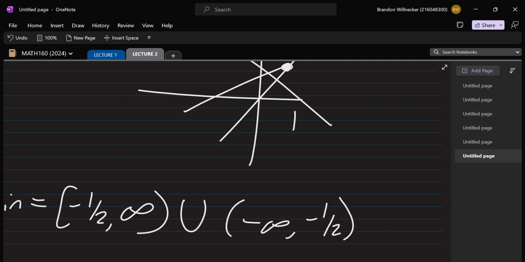So what's the domain going to be? Everything up to minus a half, including minus a half, and everything after. Did we leave anything out? No. So what's the domain? Everything. All real numbers. Okay, is that not clear to anyone?